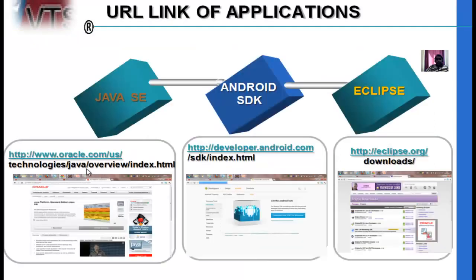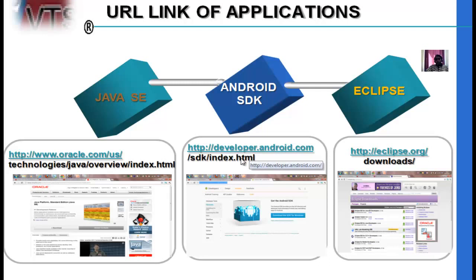Next, to download the Java SE, you have to hit the oracle.com link, and a pop-up applet will look like this interface. Second is Android SDK.